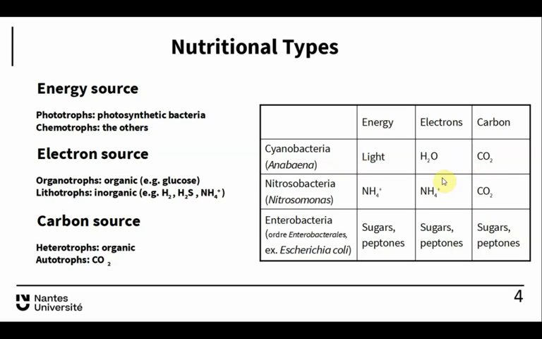They use light energy, an inorganic source of electrons, and fixed carbon. Nitrosobacteria, like Nitrosomonas, are chemolithoautotrophs: chemical source of energy, inorganic source of electrons, inorganic source of carbon. And enterobacteria, like Escherichia coli, are chemoorganoheterotrophs.